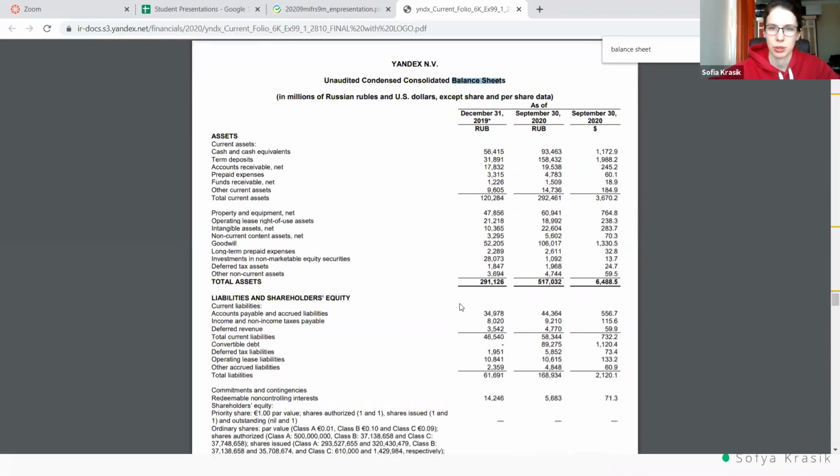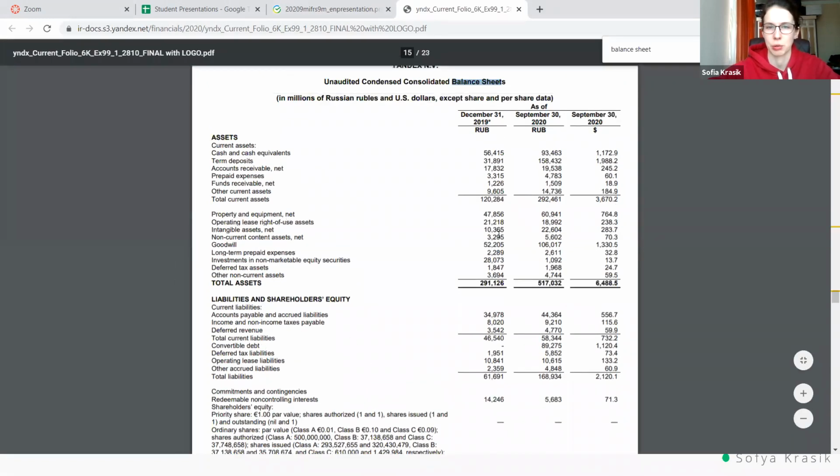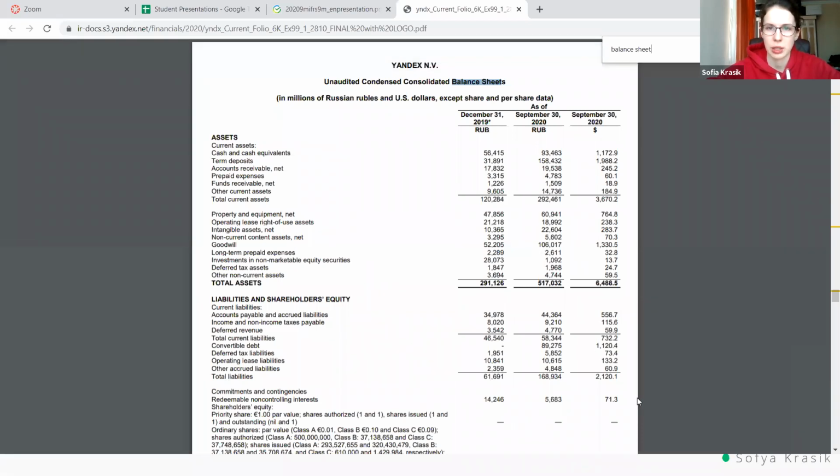So you see, here is the balance sheet of Yandex, and it looks already different. Not completely. The main structure is quite the same, but still, it looks a little bit different. The last available data, as you see, is the same as for Sberbank, at the end of September.